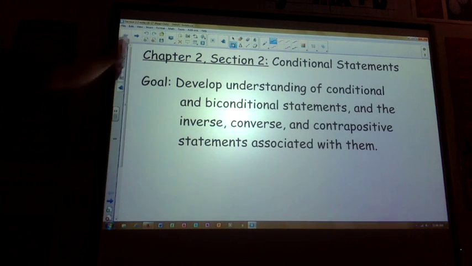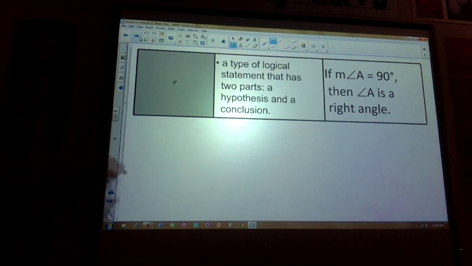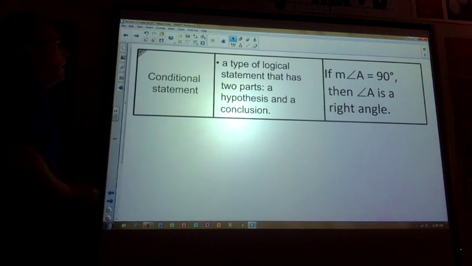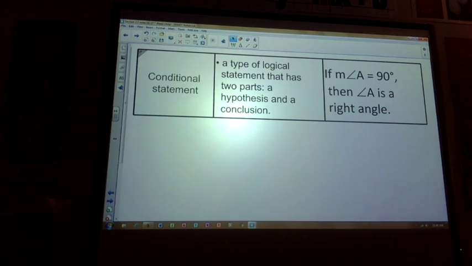Okay, so let's start walking through these a little bit. Conditional statement: a type of logical statement that has two parts, a hypothesis and a conclusion. If today is Friday, then tomorrow is Saturday.